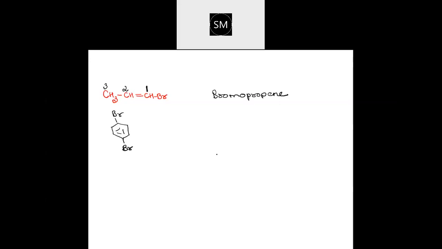Common as well as IUPAC name. Yes, very good. That's correct. Common name is correct. IUPAC name, dear. Everyone, reply quickly.